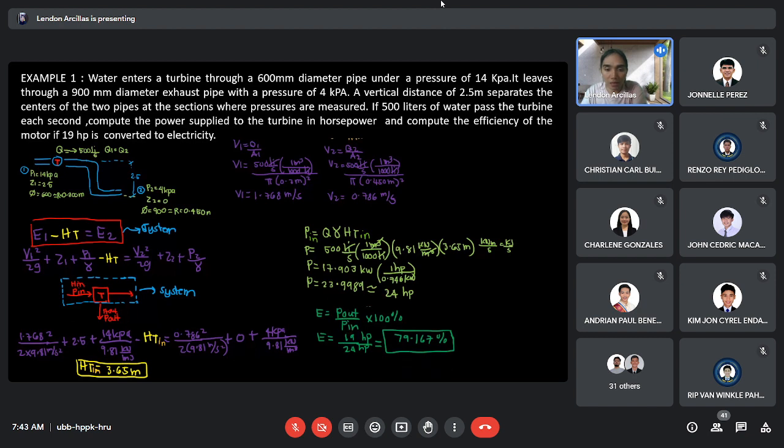So that is P out over P in. So P out is 19 horsepower over 24 horsepower, or you can use 23.99989. Do not round it off until we have the final answer. So our efficiency is 79.167.